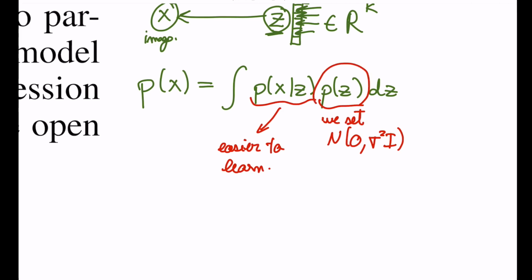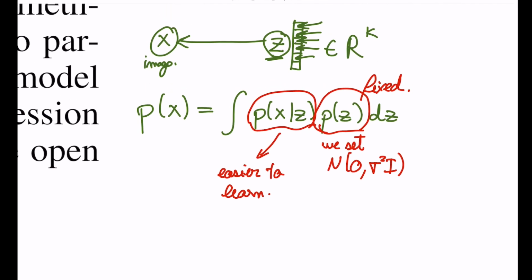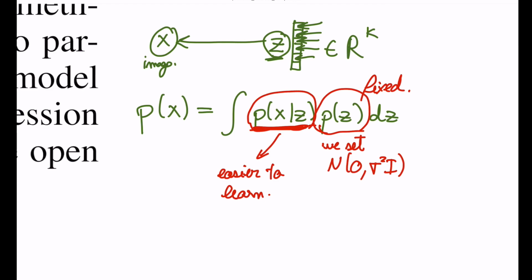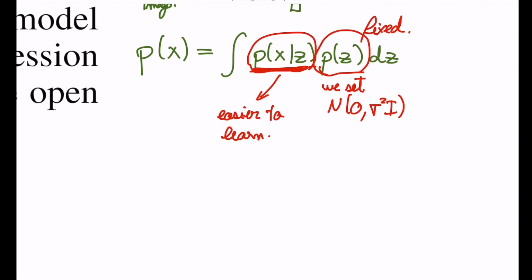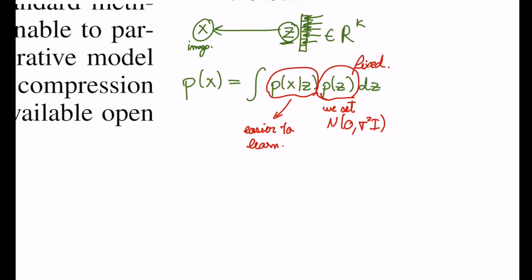This one is fixed, but this one is learnable. P of X we could learn as well, but we believe that's hard to learn, and we believe this thing is much easier to learn. So we go with a latent variable model.